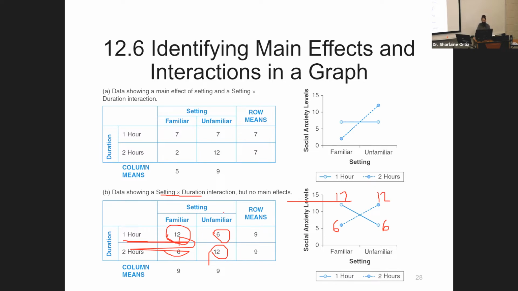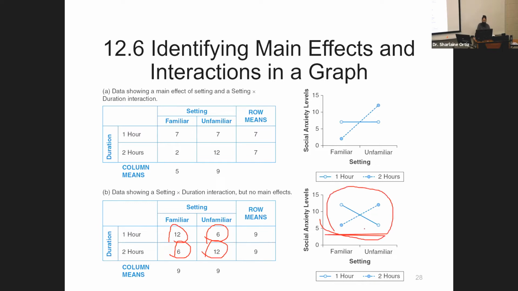Notice that in this specific case, we are seeing an interaction in both cases. So the person noted that in a familiar setting and unfamiliar setting, there was a change. Notice that these numbers remained different, suggesting an interaction. Notice that in regards to this specific graph, there were no differences.